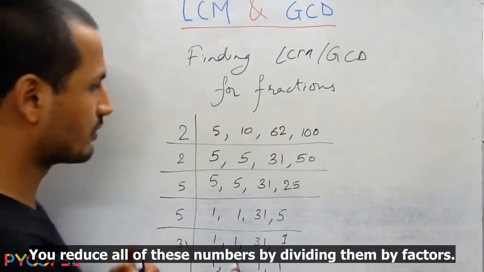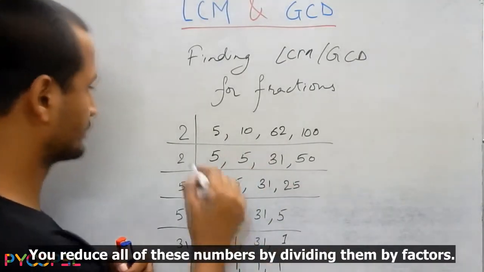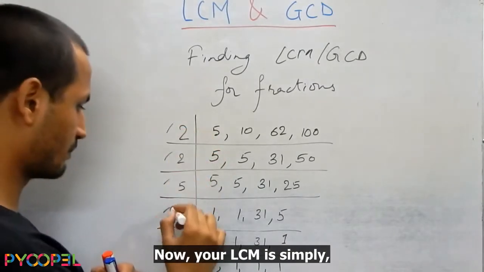So you reduce all of these numbers by dividing them by factors.